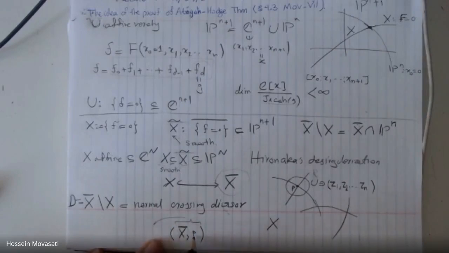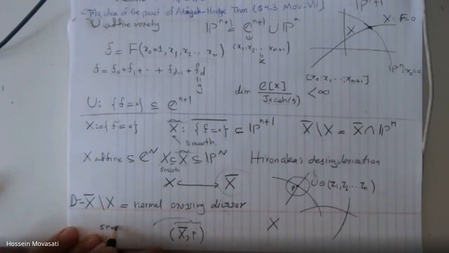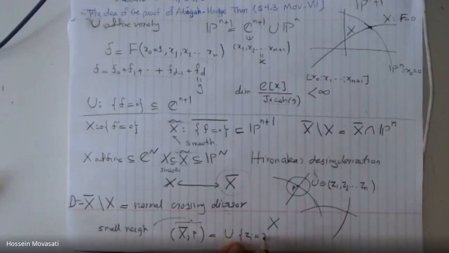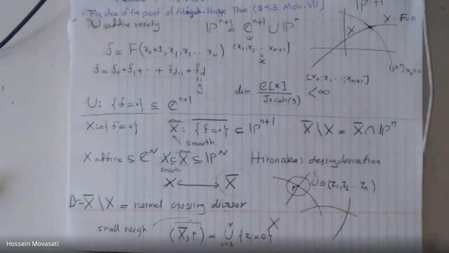Usual topology. This means a small neighborhood of X bar around P. A small neighborhood. Then this will be just the union of Zi equal to 0 for a bunch of variables, i equal to 1, for example, until R. And as I said, these are the coordinate system.